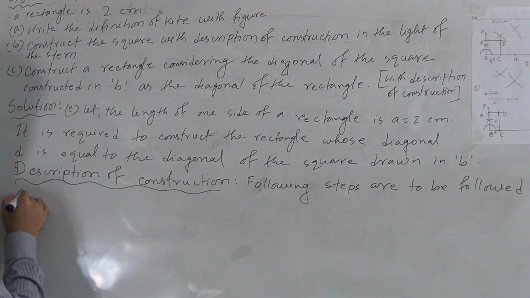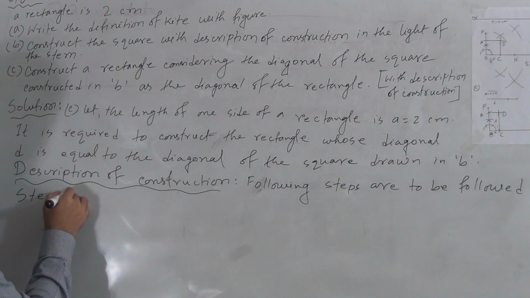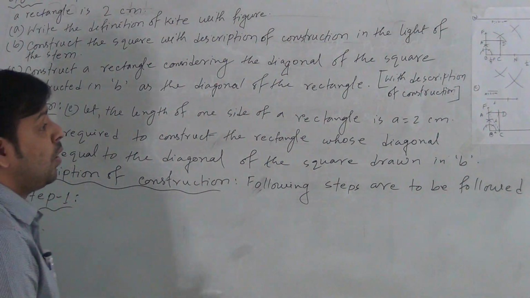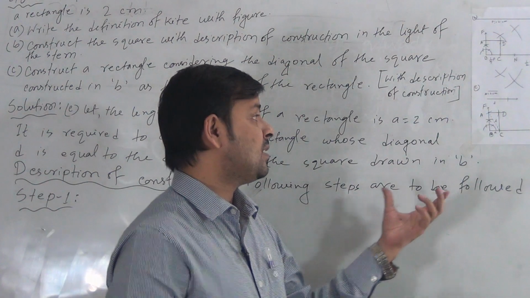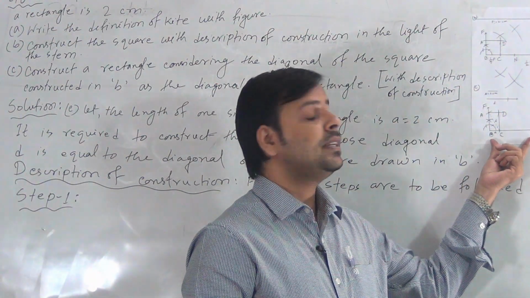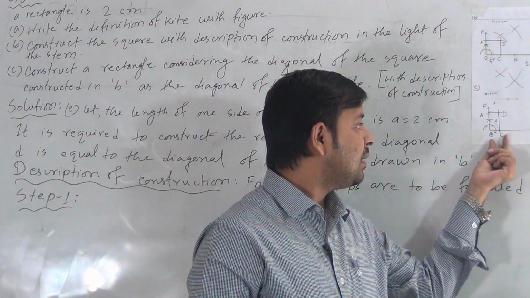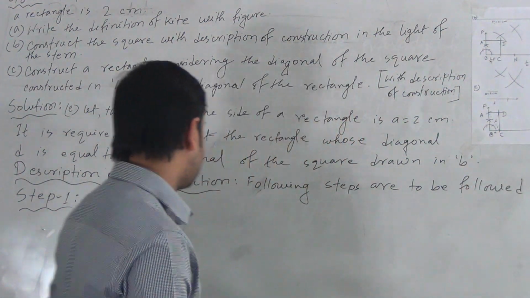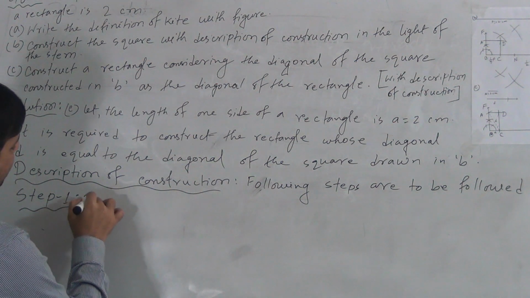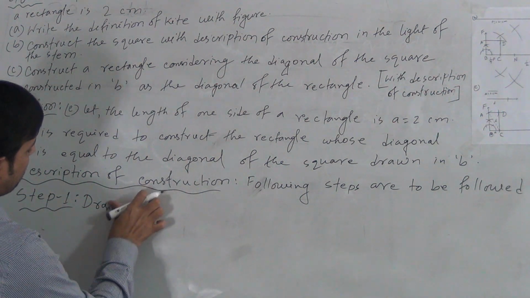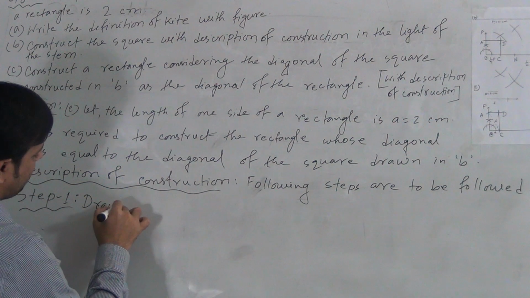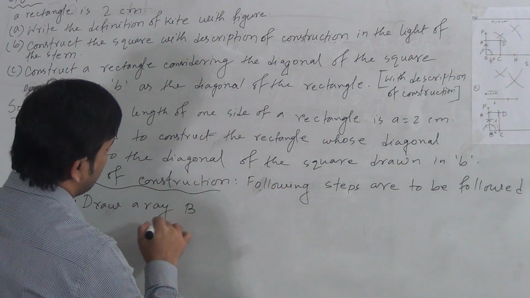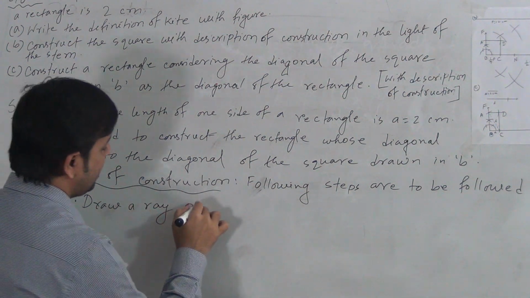Step 1. At first I have taken a ray BE, and then I have taken the length A equal to BC. So we can write here: draw any ray BE.